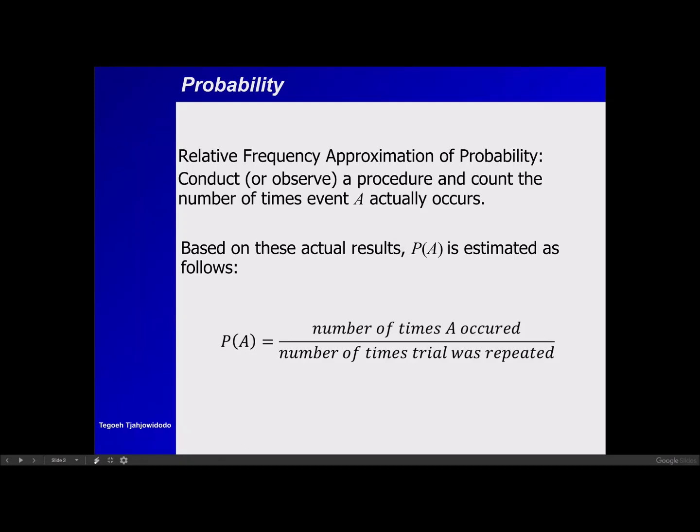So just a very simple illustration of it. If you want to count the probability of number 5 appearing when you throw a dice, the probability of number 5 to appear will be equal to 1/6. Okay, because there is only one number 5 in 6 faces of the dice, and there are 6 faces of the dice. So the probability of number 5 to occur will be 1/6.